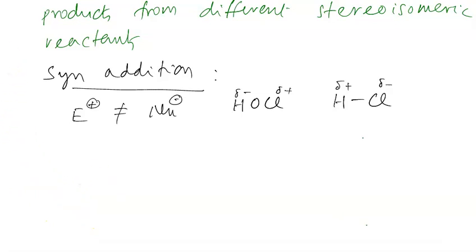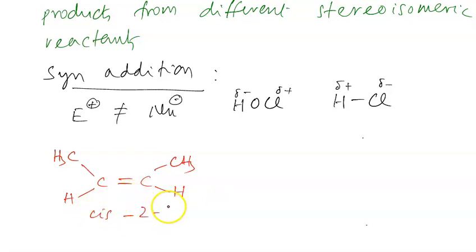Here let us take the alkene. The alkene is like this, C double bond C, then CH3, H, CH3, H, and this one we know as cis alkene, or cis 2-butene.